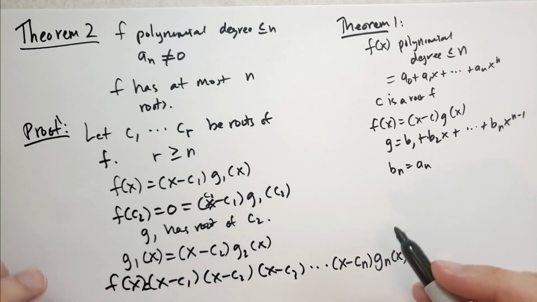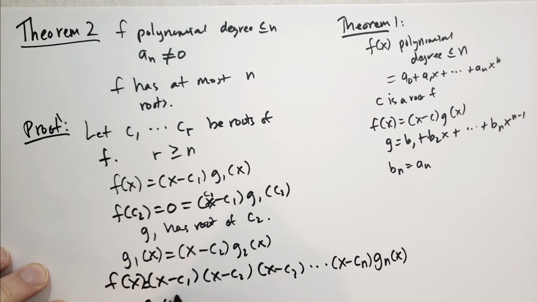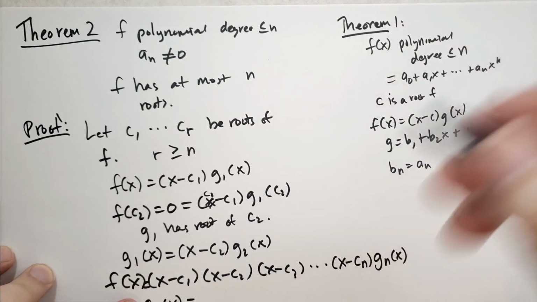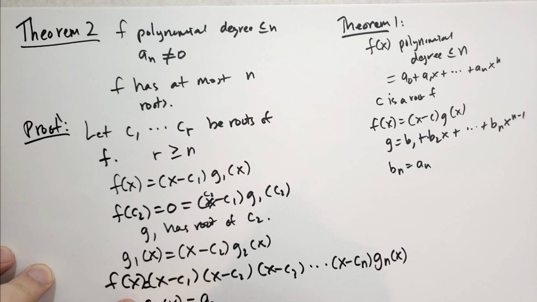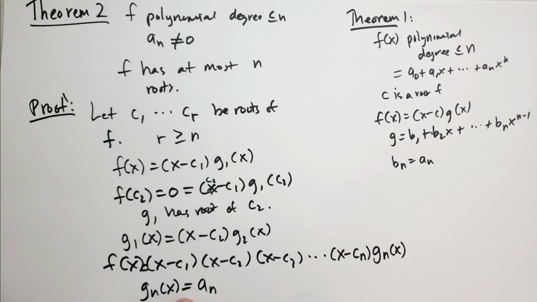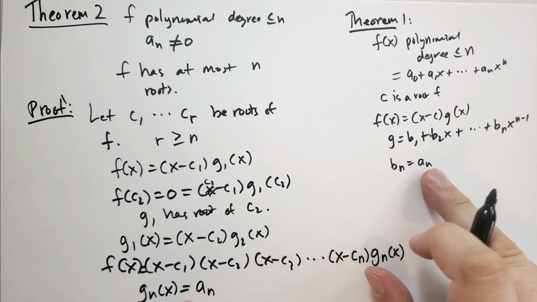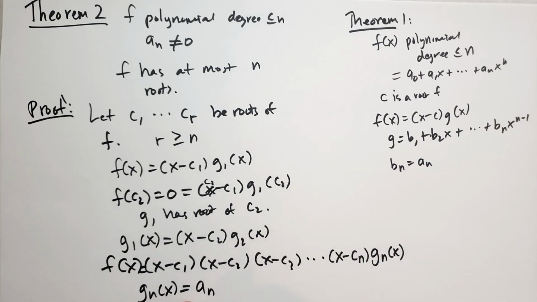Now what is gn of x? Well, gn of x is going to be the a n term of f of x because of this notation here. So that means that f of x is equal to x minus c1 dot dot dot times all those x minus cn times a n.